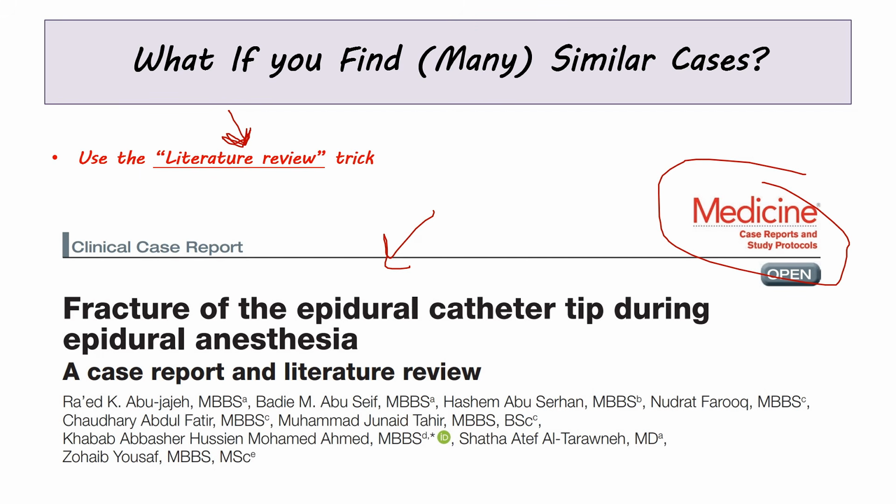So if you want your study to be published, you need to review all these studies and make a table of them, and you will name your paper a case report and literature review. And this literature review will help you in getting acceptance in the journals. Also, you will highlight the differences between your case and the already published cases in the literature.